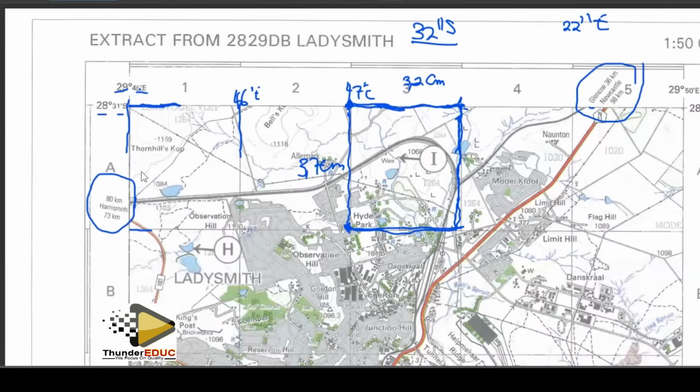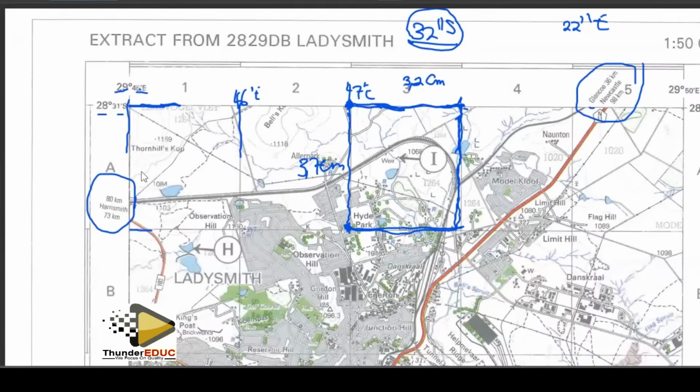What are you supposed to do now, given those two figures? For you to identify this 32 seconds to the south, from this line of latitude to the next line, there are 60-second lines between those.